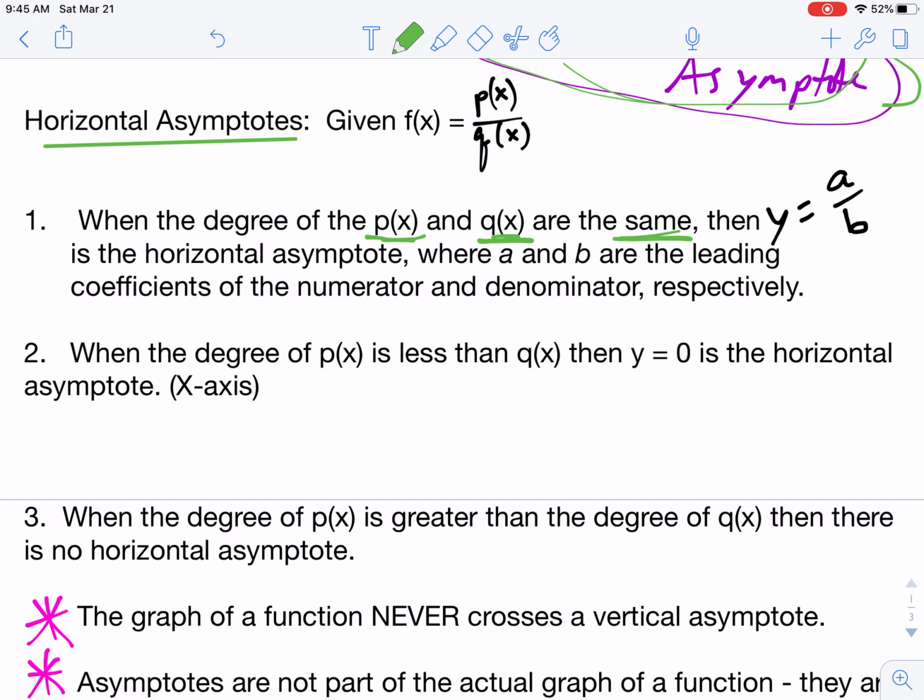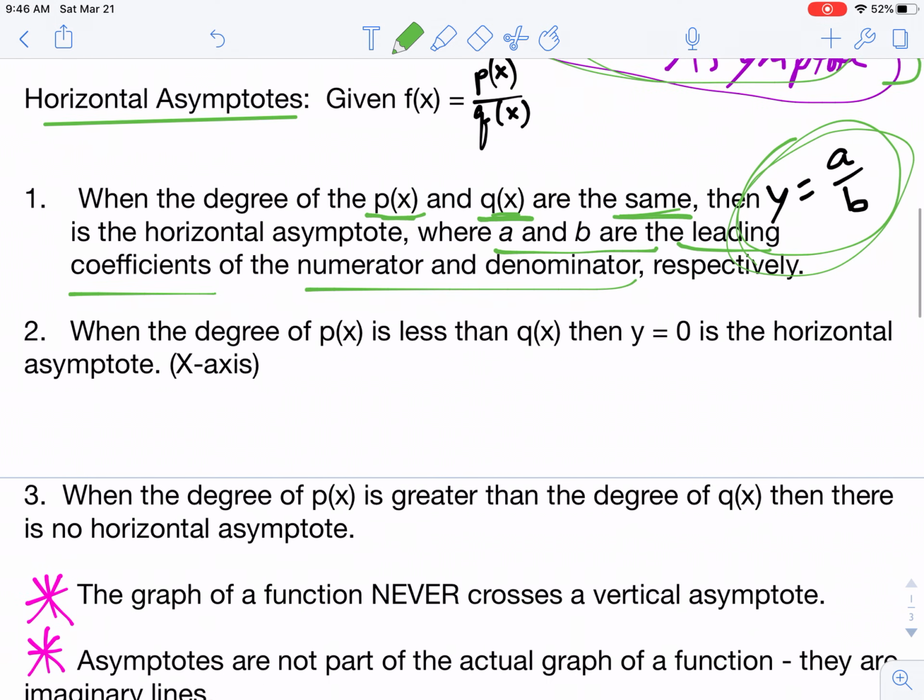What that means is, like, the numerator is going to have x squared minus 3, and the denominator has x squared plus 5. They both have a degree of 2. So when the numerator and denominator have the same degree, then your horizontal asymptote is y equals a over b, where a and b are the leading coefficients of the numerator and denominator. And I'll show you an example of that later on.